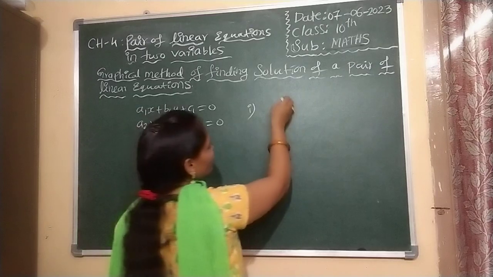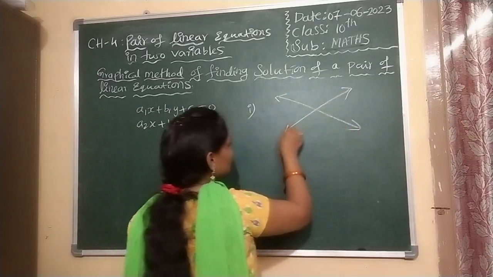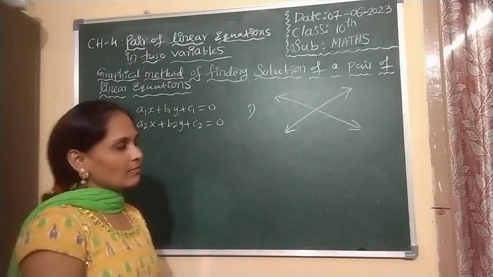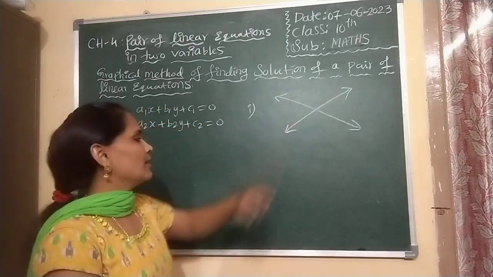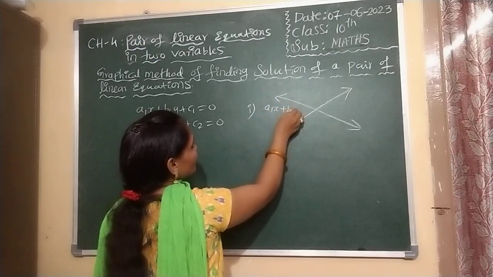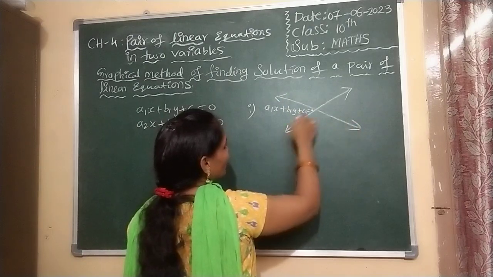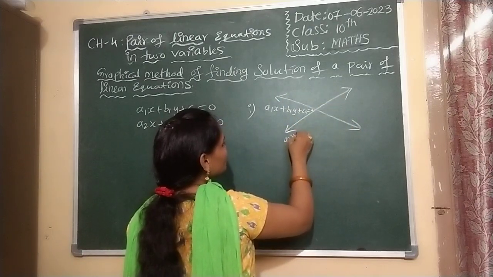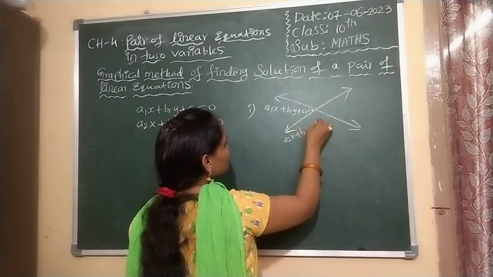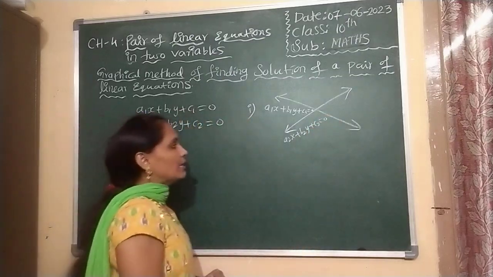Sometimes they may be coincident with each other. This is one line, this is the other line. Let us take a1x plus b1y plus c1 is equal to 0, and a2x plus b2y plus c2 is equal to 0. This is one kind of situation.